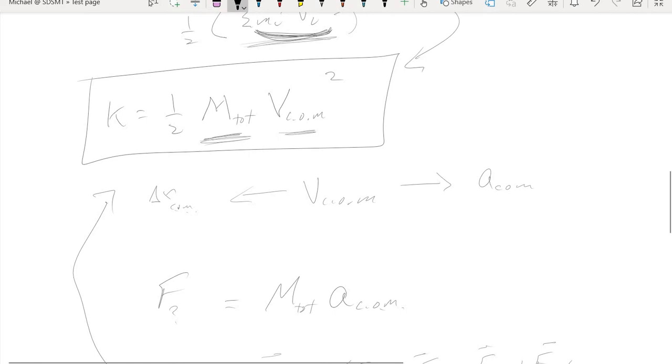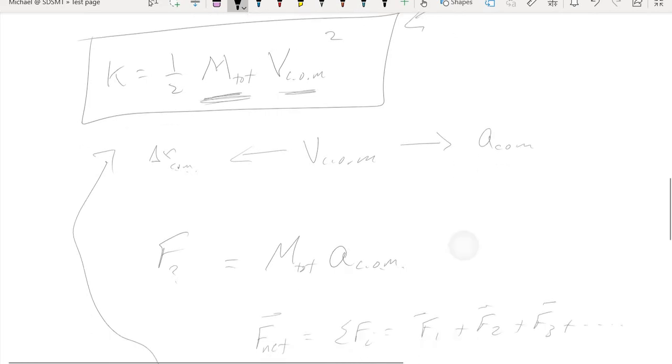So center of mass is really just a shorthand method of taking a very large system of masses, condensing it down into a single expression that then allows us to go back and forth between all the different types of physics that we've been doing, like velocity, kinetic energy, work, force, because we don't want to be here adding up millions and millions of different terms all the time.